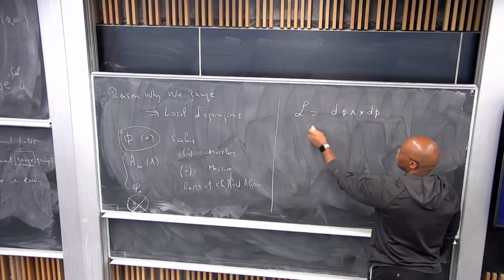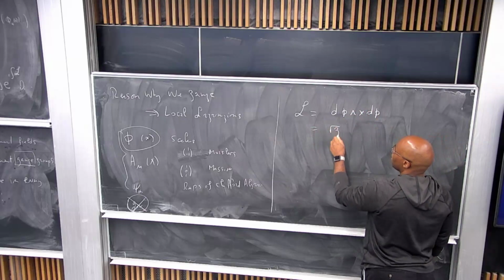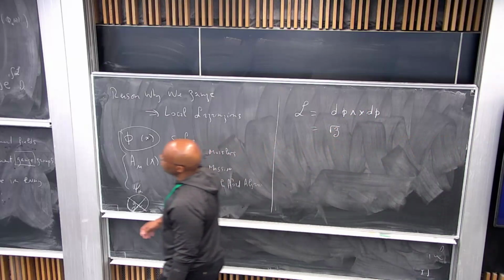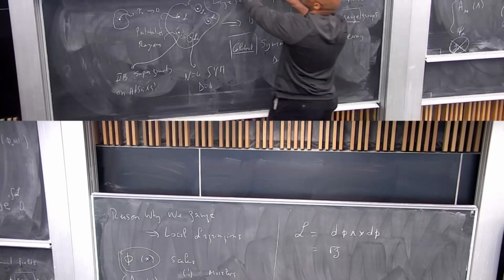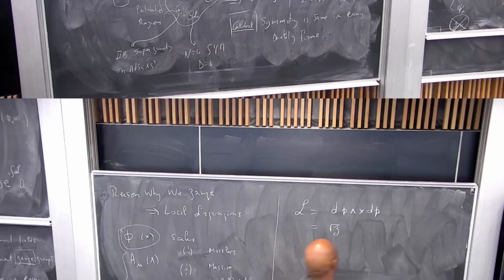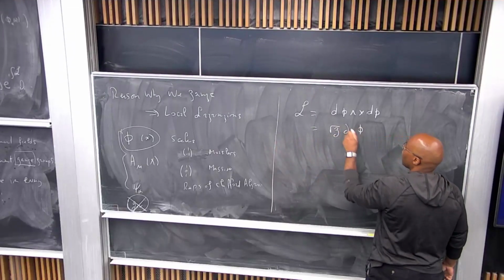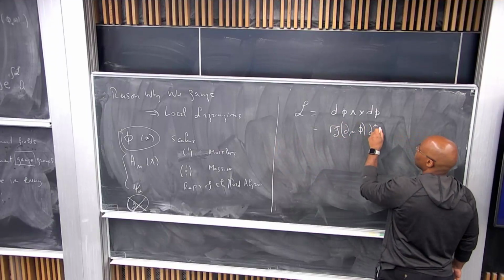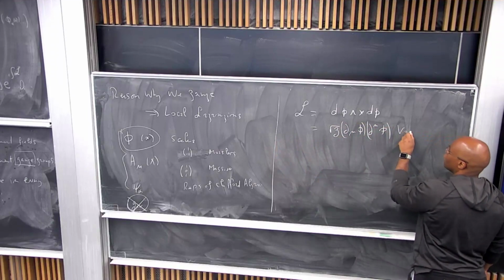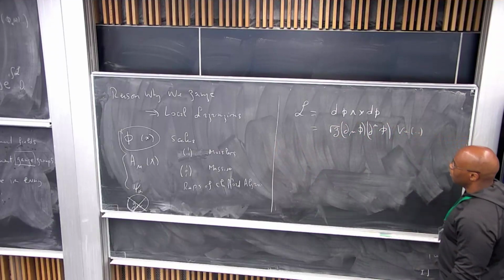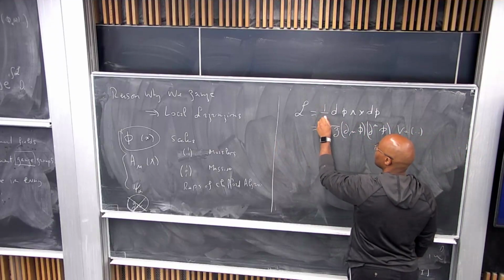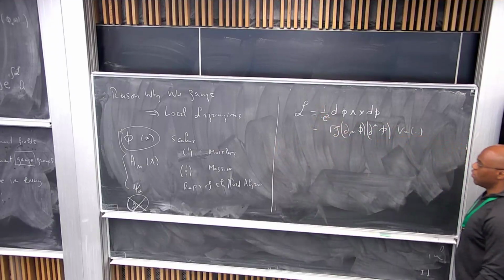You can see this written sometimes as root g times basically the volume form. So we typically write this. When we write this, you can add a coupling of the scalar.